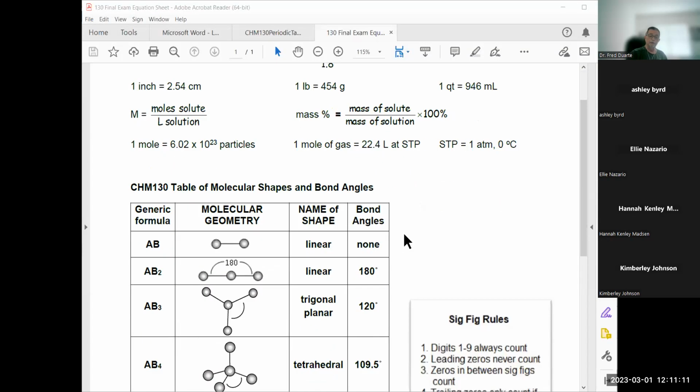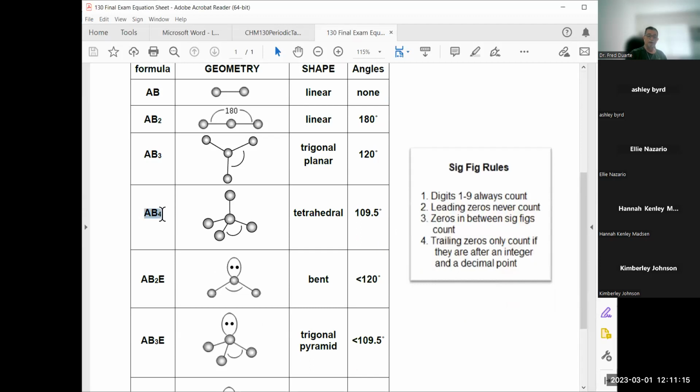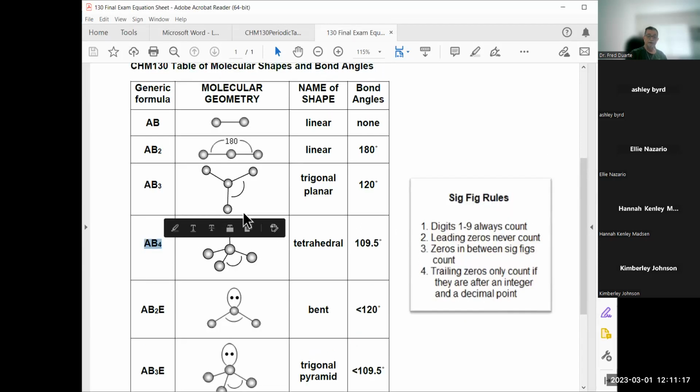AB4, so then we go to the shapes table. In this scenario, what we just did is AB4 general formula, which then gives us the geometry. Note that the center atom could represent the carbon, and then we had the 3 fluorides bonded to the central carbon, and then hydrogen up on top.